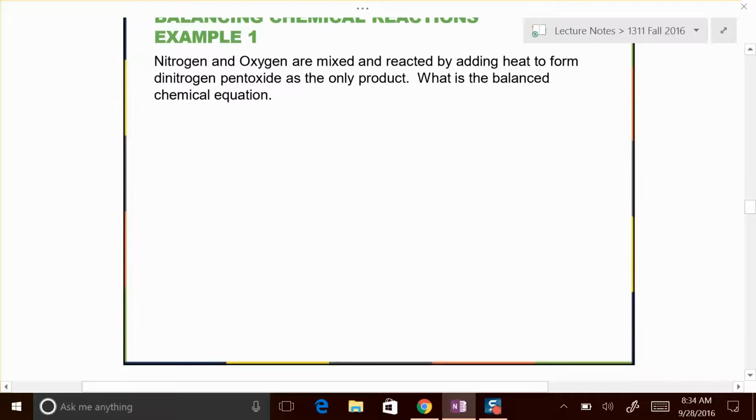Okay. So nitrogen plus oxygen form dinitrogen pentoxide.